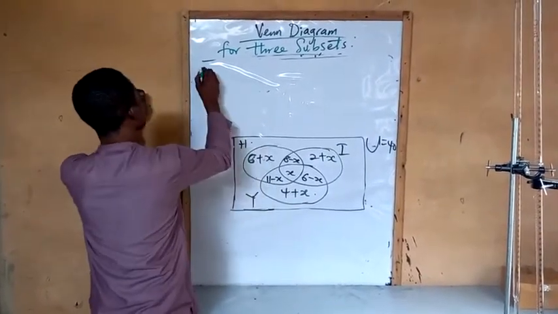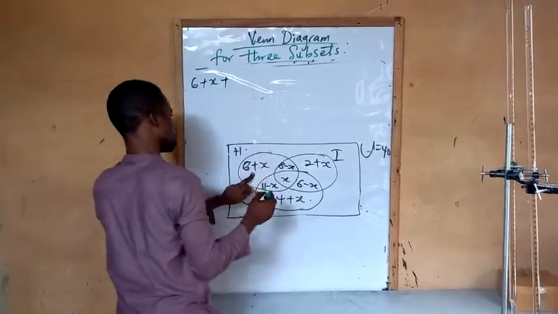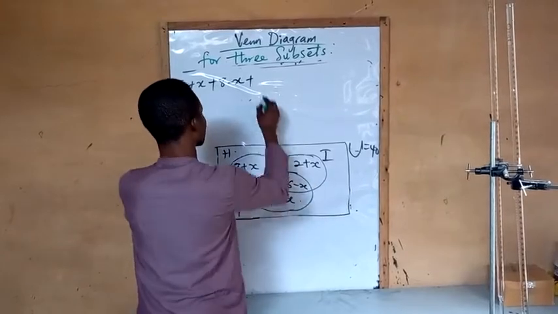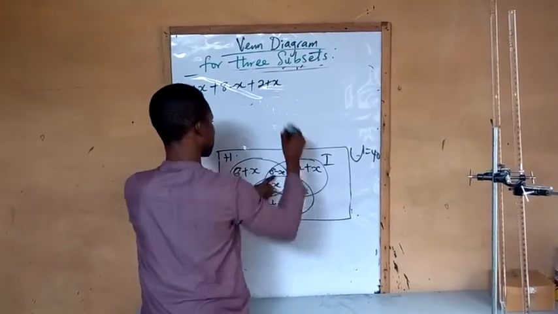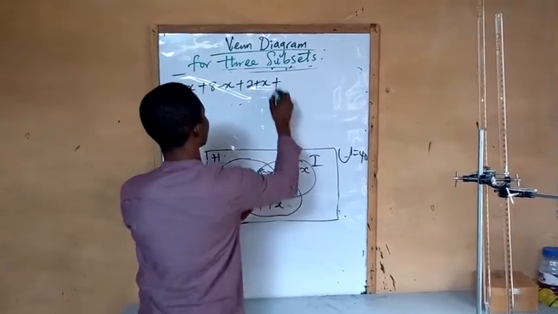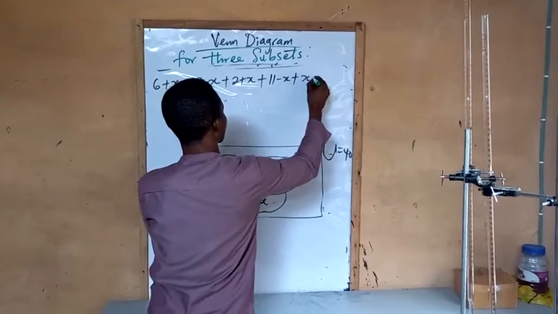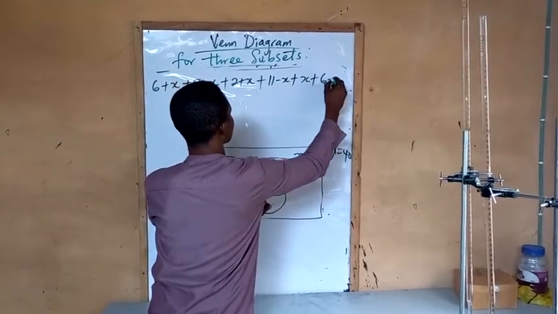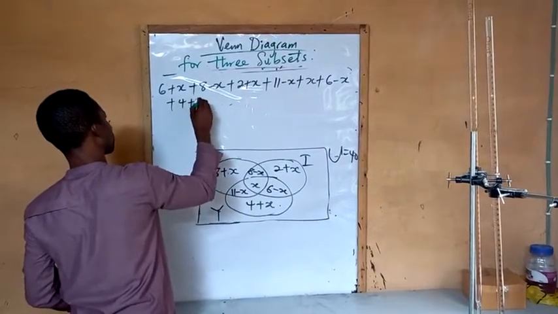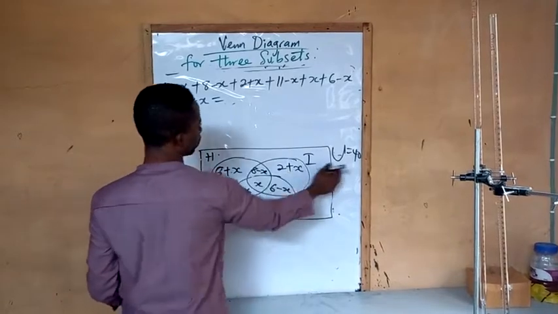That will be 6 plus X plus 8 minus X plus 2 plus X plus 11 minus X plus X plus 6 minus X plus 4 plus X. Everything equals the universal, which is 40.